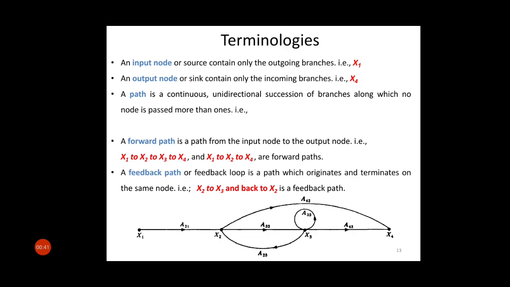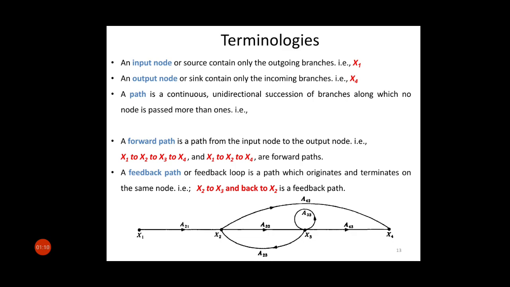I have given this system, this signal flow graph. From this signal flow graph, we can see there is only one input node or source, which has only outgoing branches.